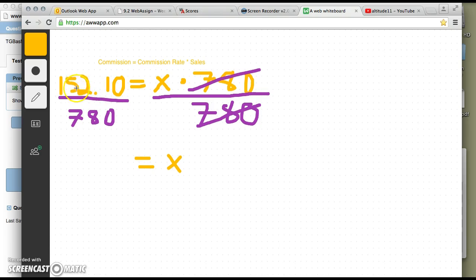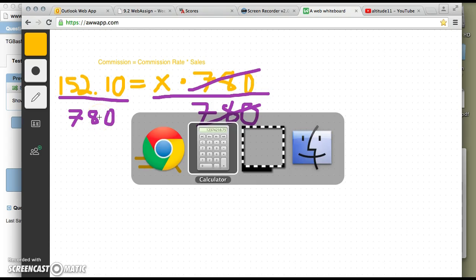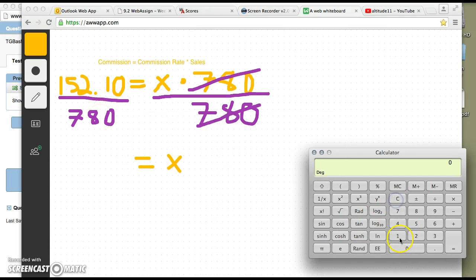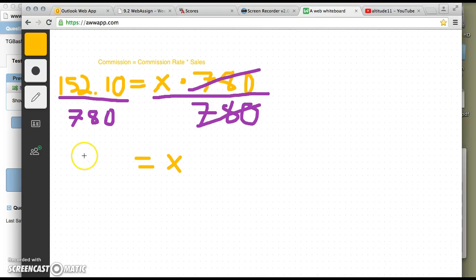And on the left-hand side, we now need to divide 152.10 by 780. So 152.1 divided by 780 equals 0.195.